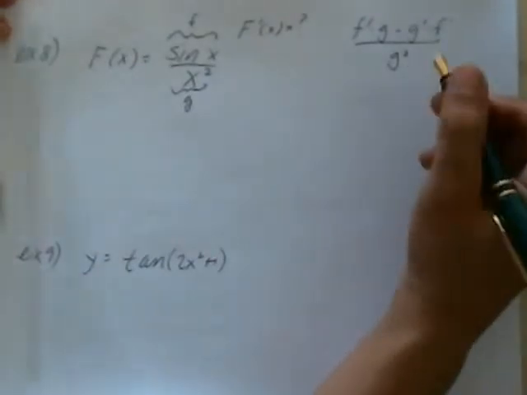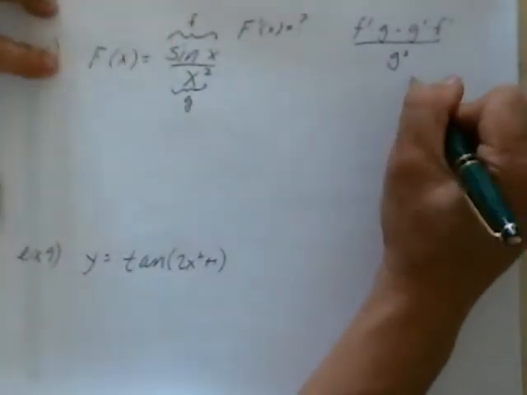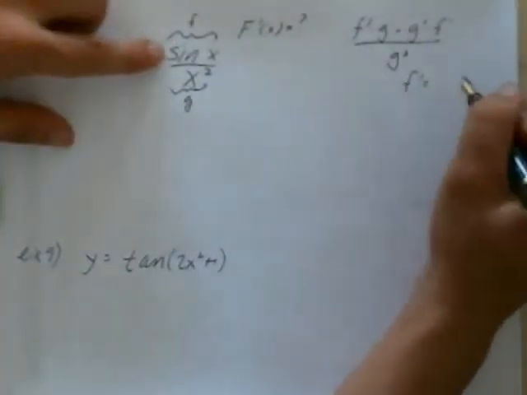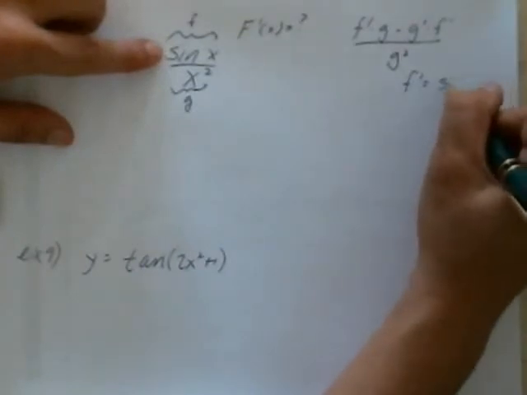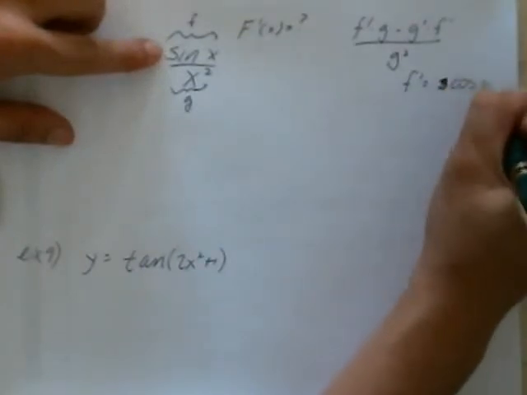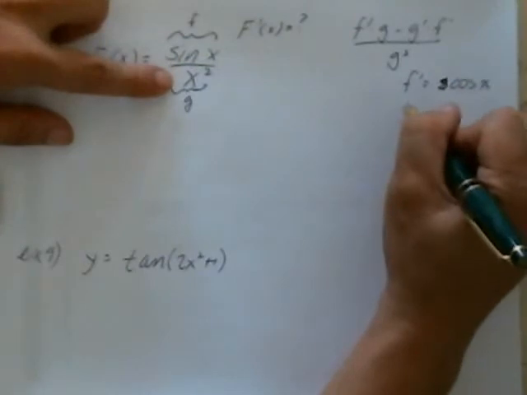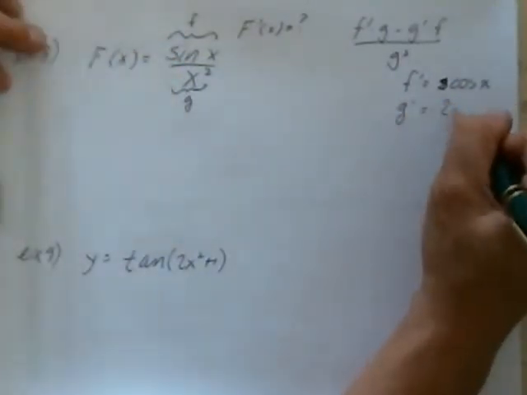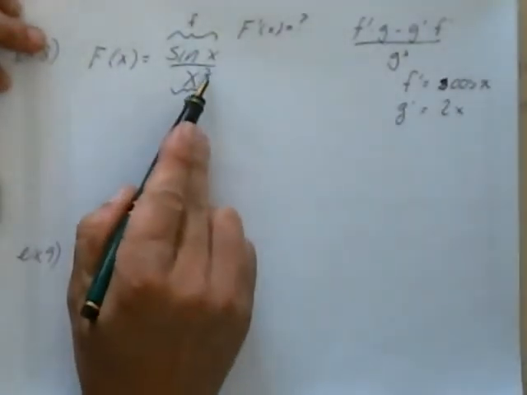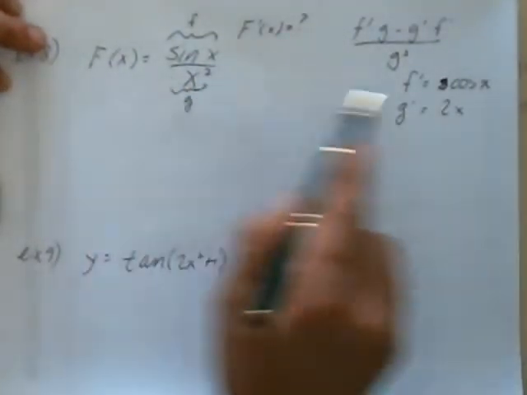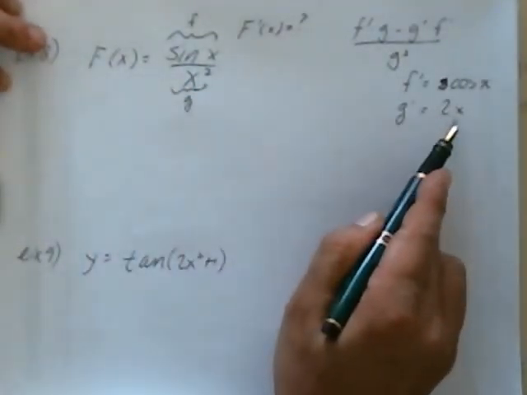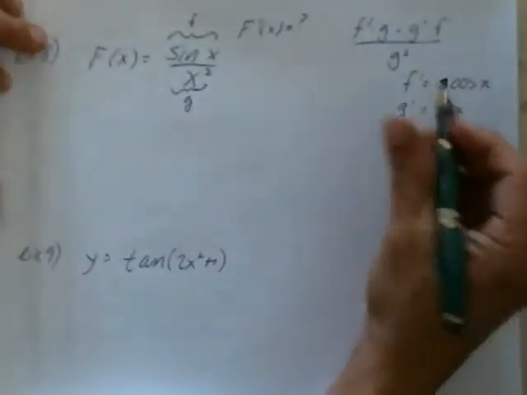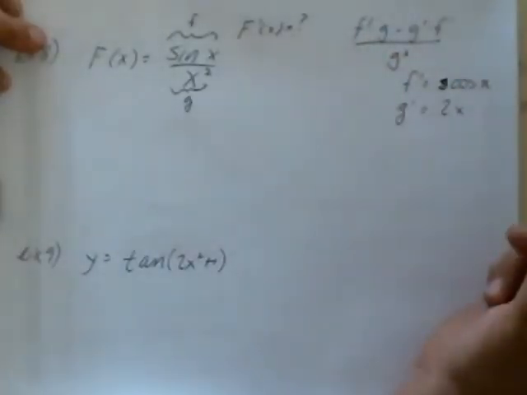Anyways, before I start, I also like to find the derivatives. f prime, the derivative of sine of x, is going to be cosine of x. The derivative of g of x, which is g prime, is going to be 2x. Take the power, bring it on down, subtract 1, and so it's going to be 2 times x to the first power. Using this quotient rule, you notice how I wrote the quotient rule out?